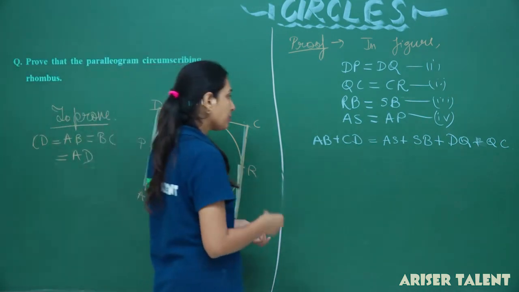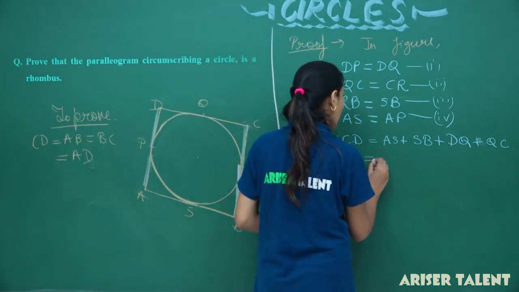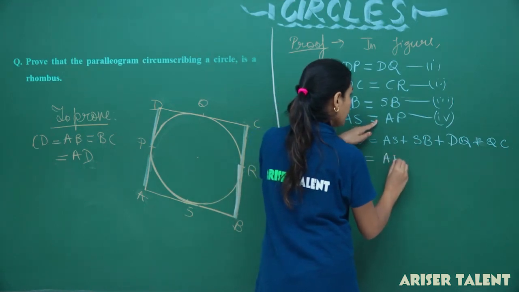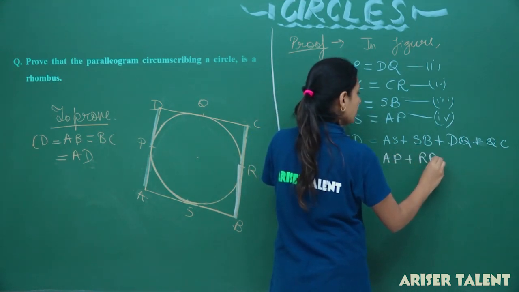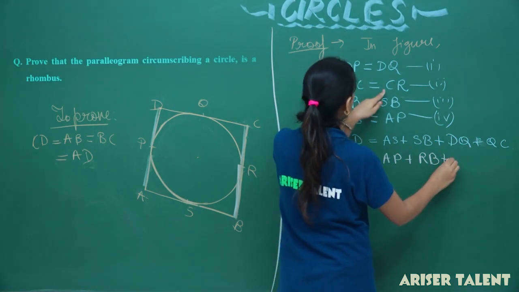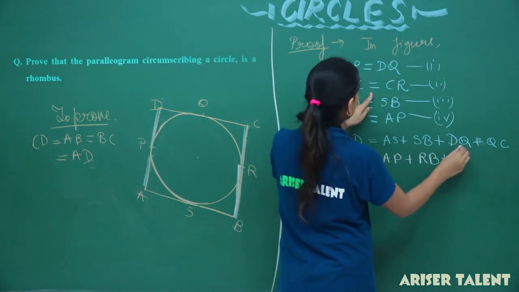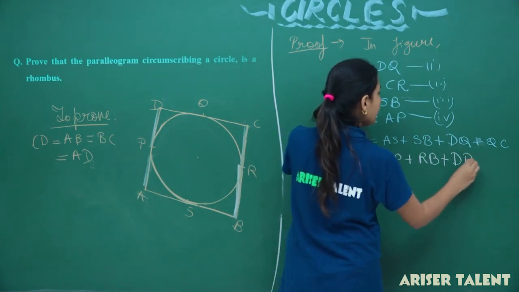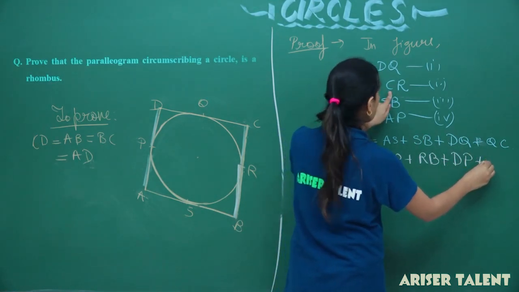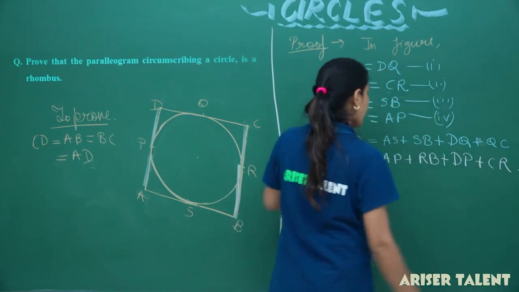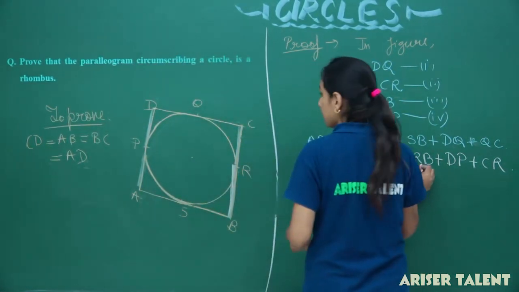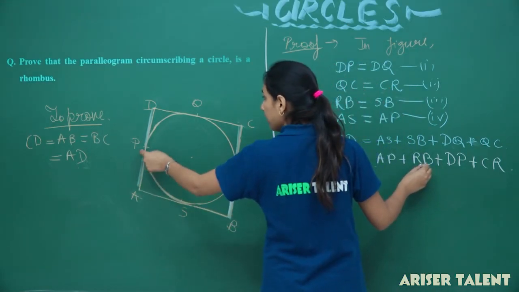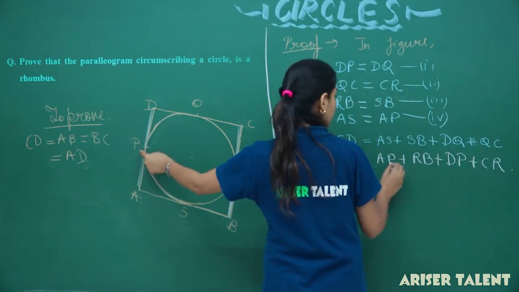So, if I exchange all these things, I will be having here AP plus RB plus this DQ will be replaced by DP and QC will be equals to CR.